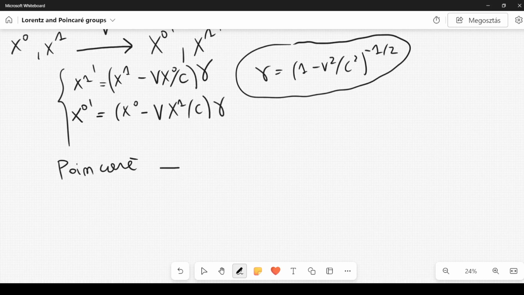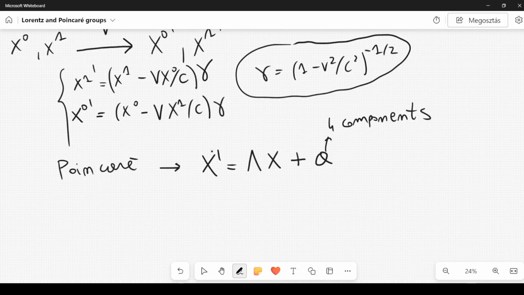In particular, instead of considering just a transformation of the kind x prime equal to lambda x, which is the Lorentz transformation, we simply add a parameter a, which is actually a vector if you think about it, but we are using just a vector and matrix notation. So this will be characterized by 4 components, and it is simply a translation. What we are doing here is we are translating x prime. So from lambda x, we go to lambda x plus a. We are translating this object, if you want.